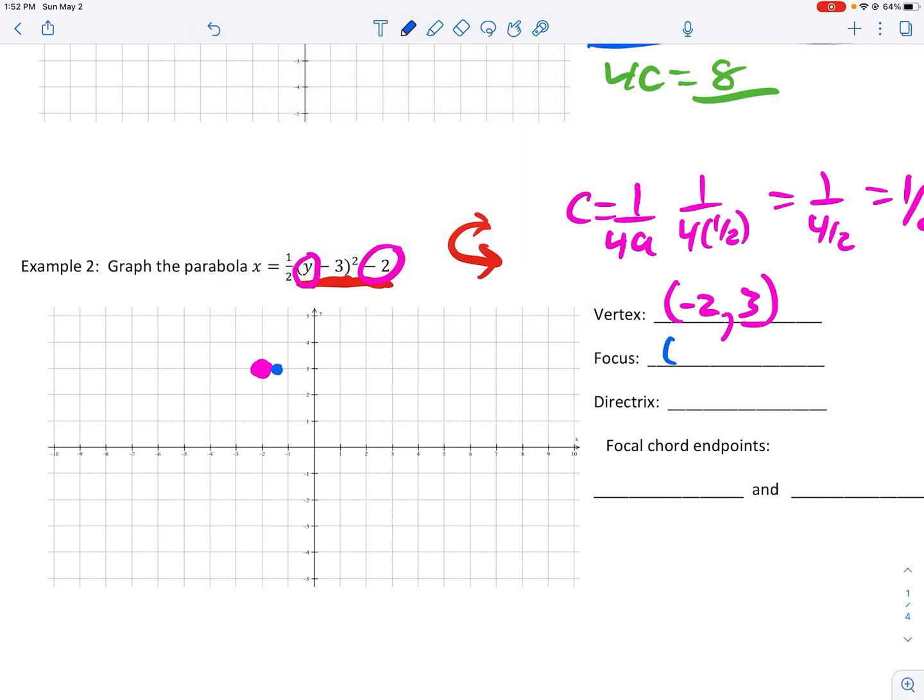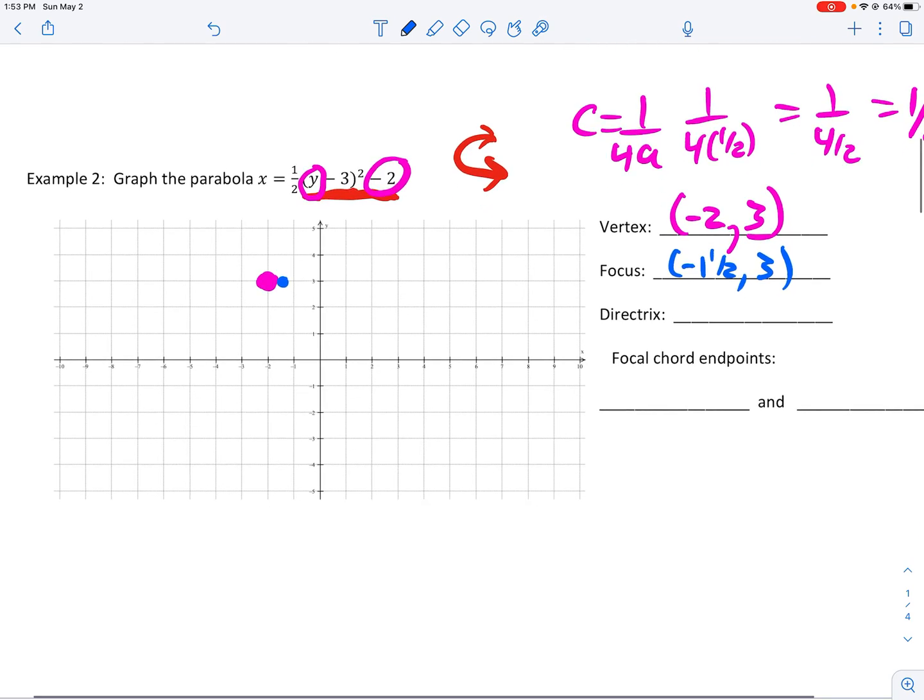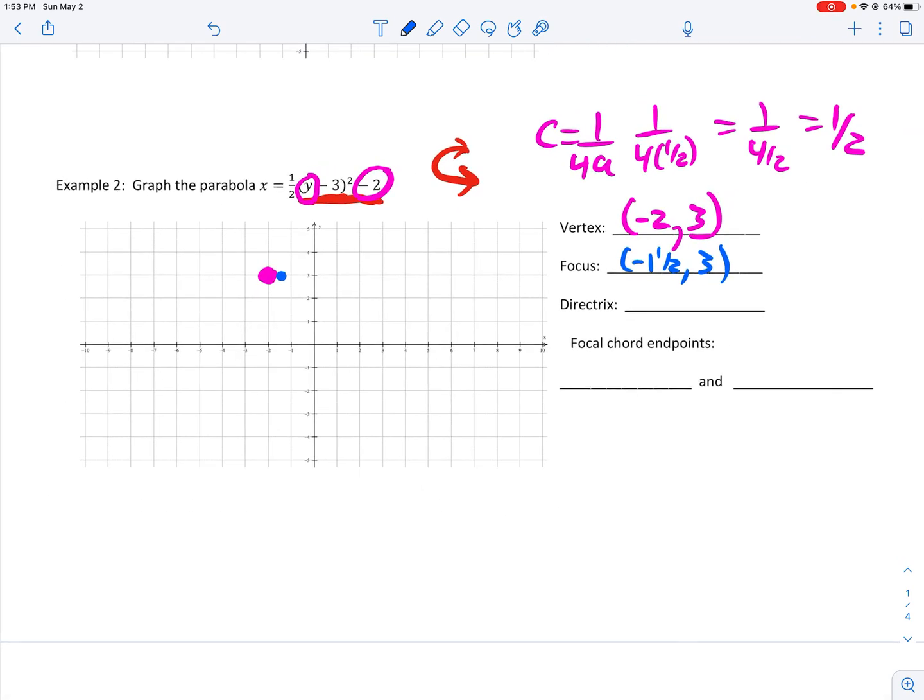So this would be at -1 1/2, 3. Or -3/2 if you want to write it like that, or -1.5. And the directrix, I would go left 1/2, and there's my vertical line. So x equals -2.5, or -5/2.